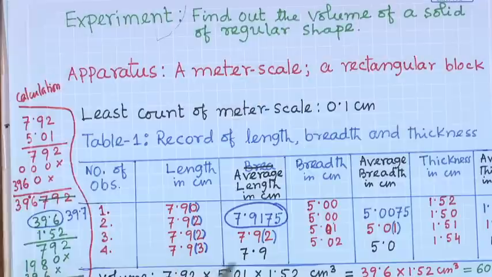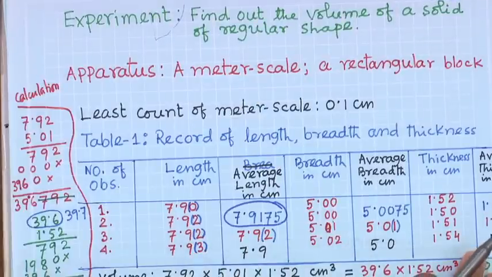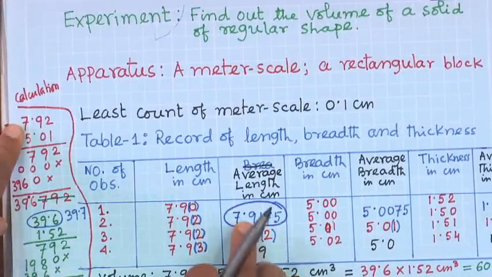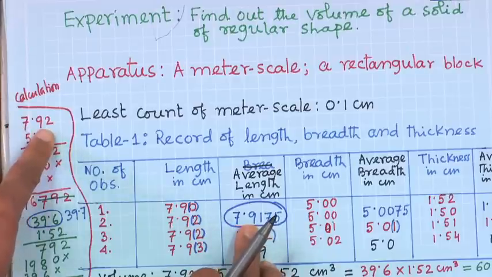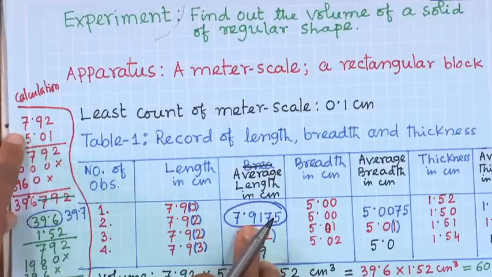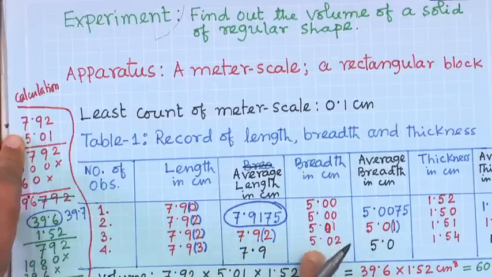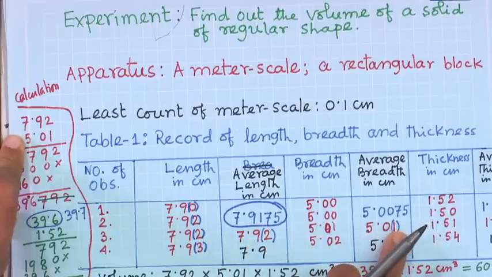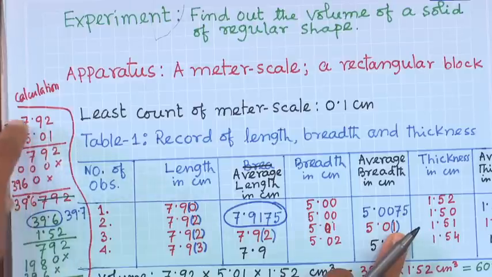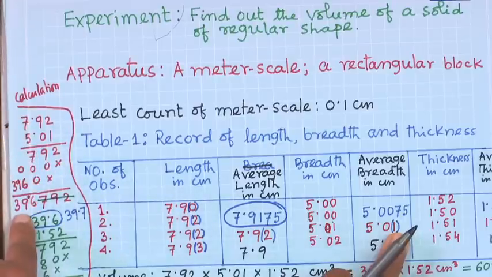Now, you have to find out the volume. So, now you have to multiply this length, breadth and thickness. Here 7.92, and here 5.01. If you multiply, you are getting 39.672.